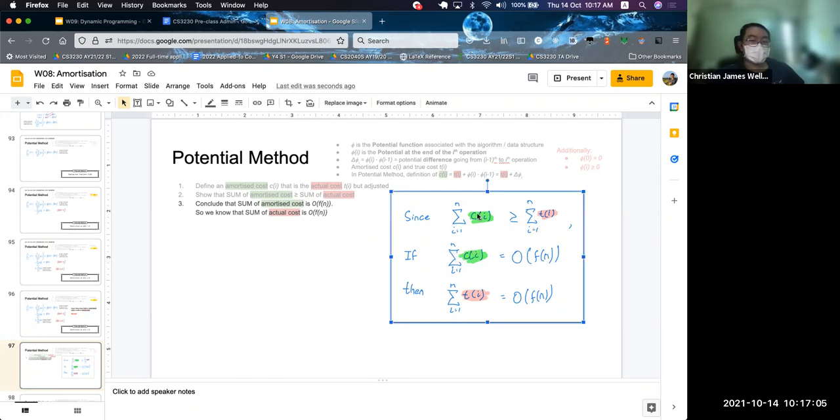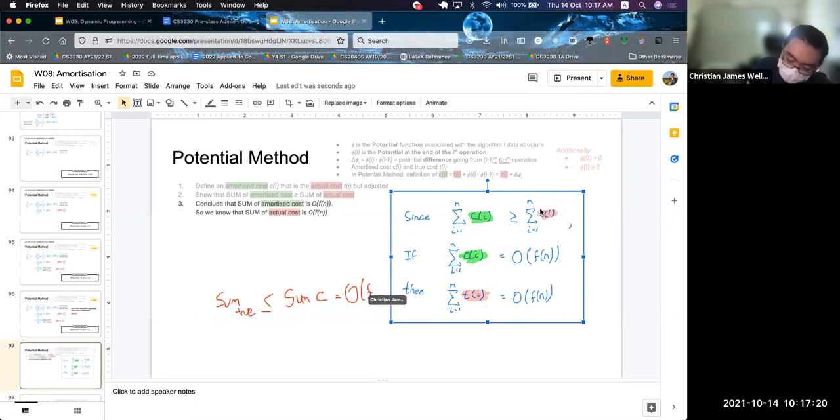Then because C_i upper bounds T_i, it looks like sum of C and sum of T. So by saying that sum of C equals O of f(n), you imply that sum of T is also bounded, right? But I think if you already have the exact, you can keep it as exact for total costs. Yeah, I'm not too sure, sorry. Might be best to ask Prof what he wants.